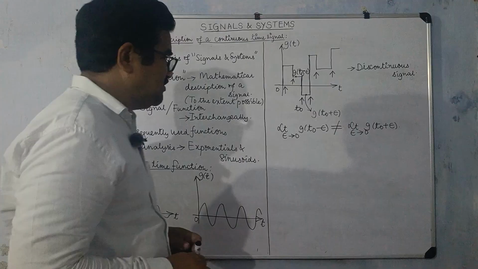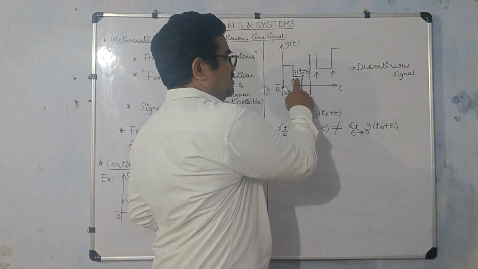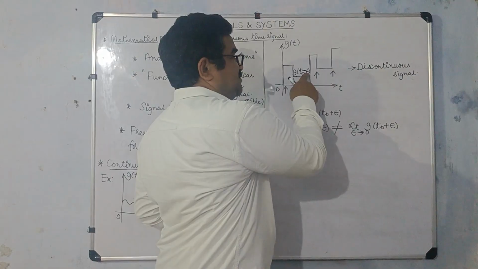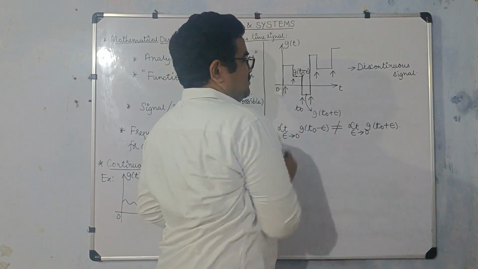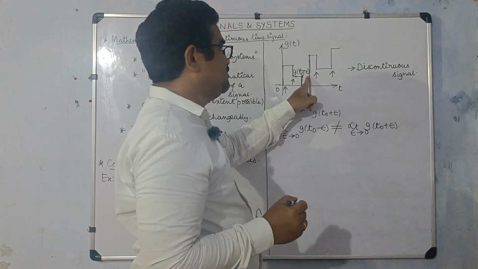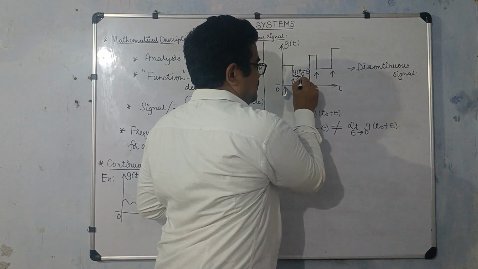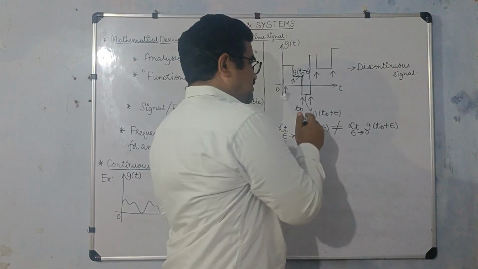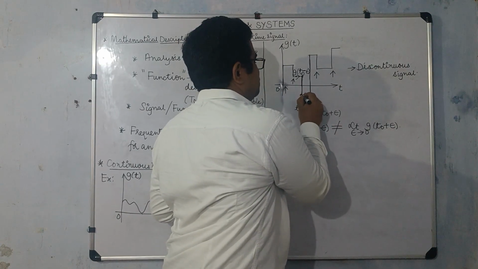Let us see why these two are not equal. Let us say I am starting from g of t naught minus epsilon, and I am making epsilon tend towards 0. Then t naught minus epsilon approaches this point, and the amplitude slowly moves in this direction and finally reaches this value.